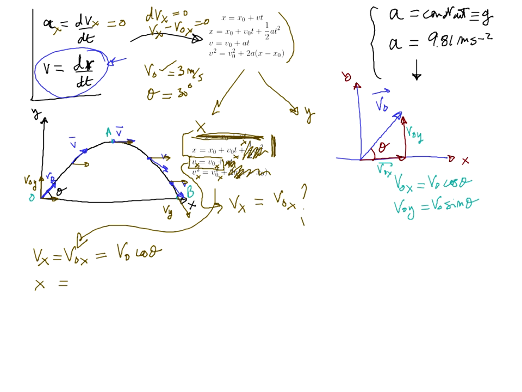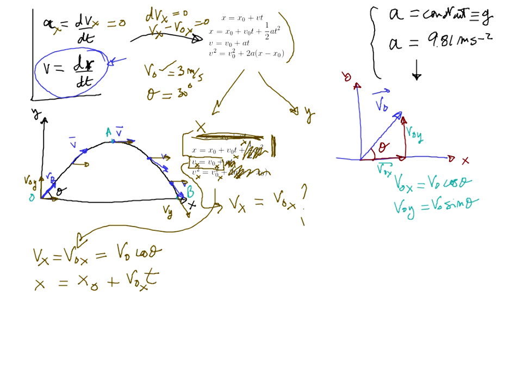And x is equal to x naught plus v naught x t. And again, you can use v naught x or you can use vx because we just saw that they're the same. Right. Nice. So 4 becomes 2.